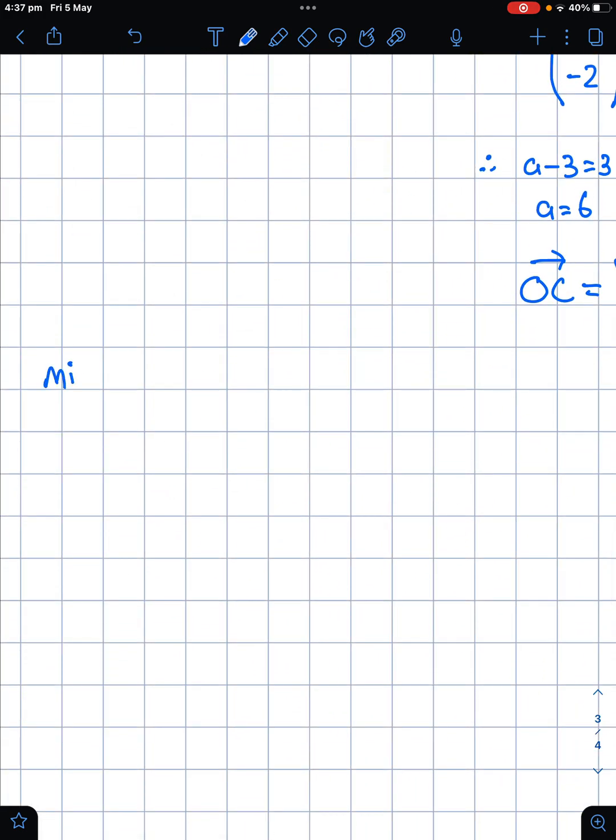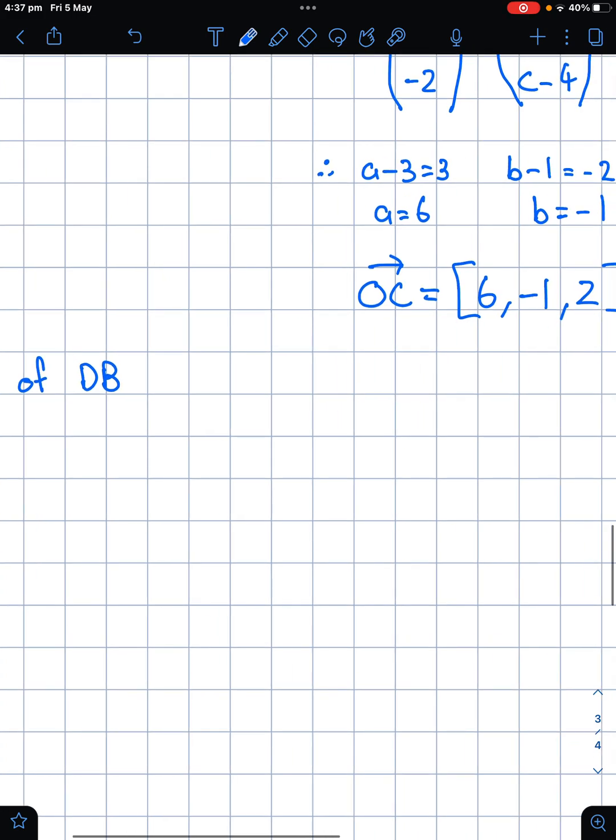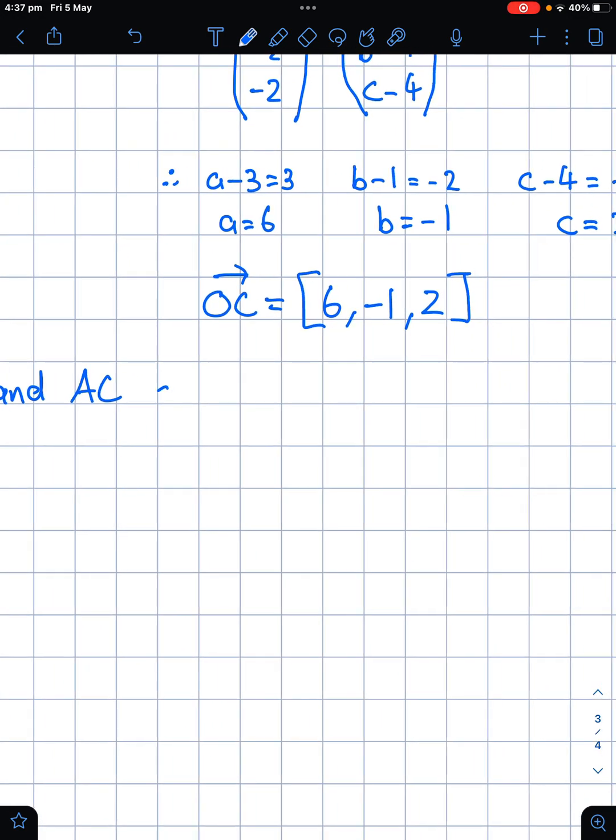So midpoint of D, B, and AC should be equal.